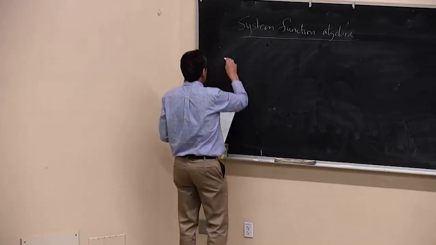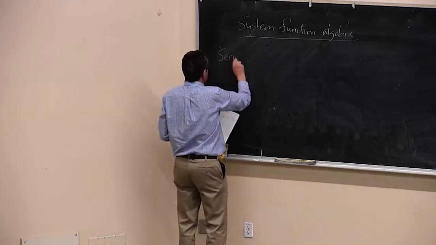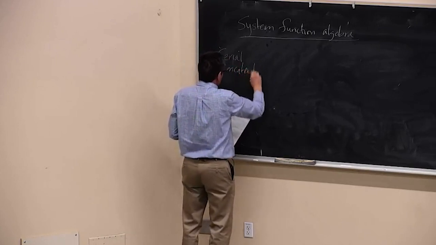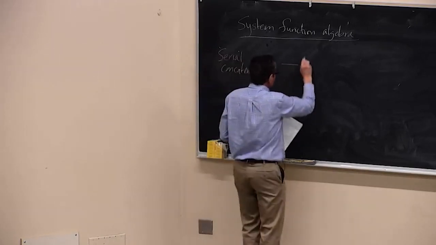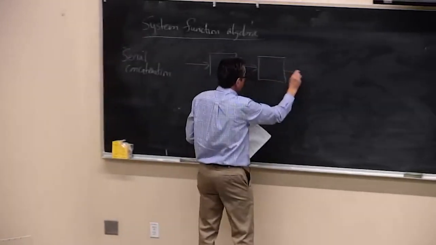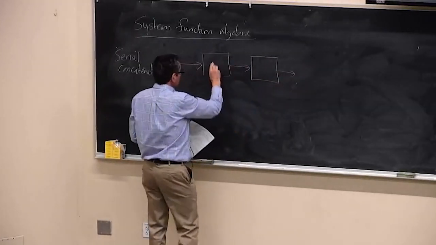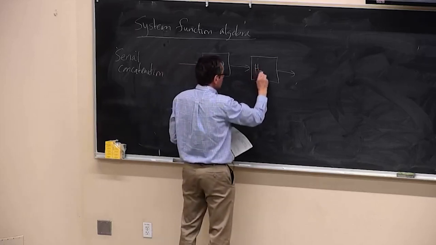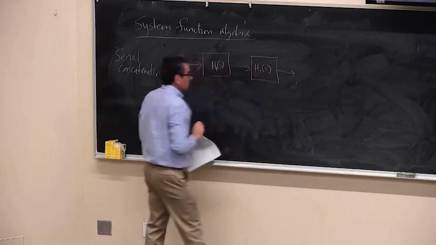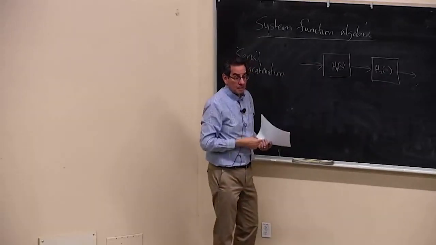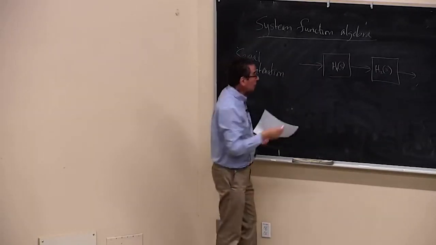So for example, we have a serial concatenation. Serial concatenation is where we have two LTI systems. The first one has, let's say, system function H1(s). The second one has system function H2(s). Basically, it's an application of the convolution property.